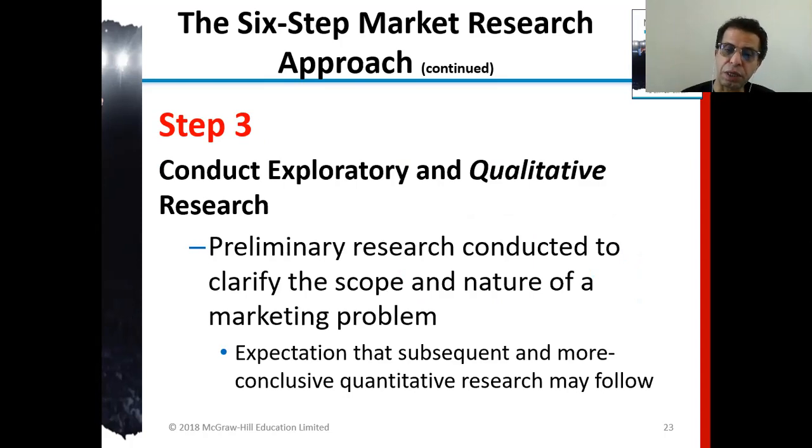The third step that you need to do is conduct the exploratory and qualitative research. Qualitative and quantitative also. The preliminary research is conducted to clarify the scope and the nature of the marketing problem. So first you do sample research.